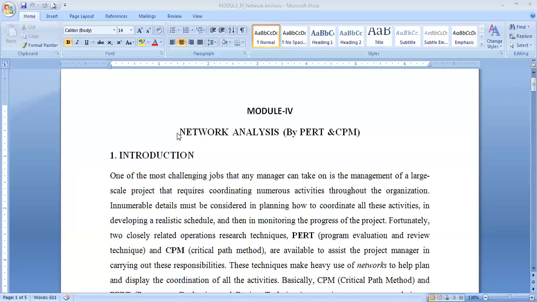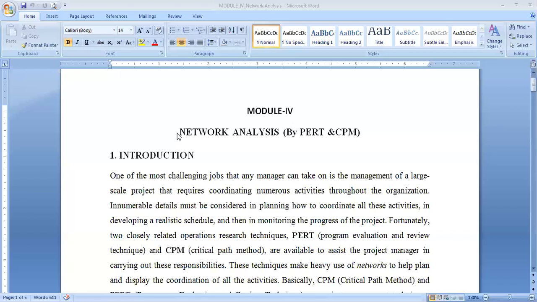So in order to construct the dam, all the resources, say manpower, machines, equipment, then materials, everything has to be brought to that particular location.